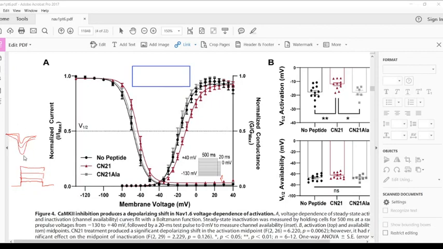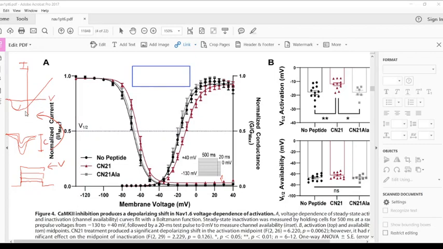And then you take the amplitude of this current and plot it against the voltage, and what you get is a relationship a bit like that. So that's current and that's voltage.